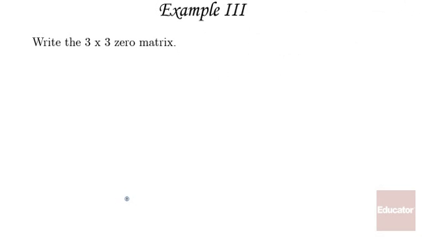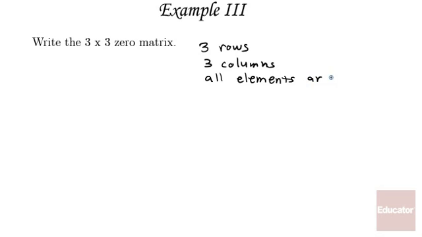Write the 3 by 3 zero matrix. Well, this is telling me that I'm going to have 3 rows and 3 columns. And since it's a zero matrix, all elements are 0. Okay, so it's going to give me 1, 2, 3 columns and 1, 2, 3 rows.